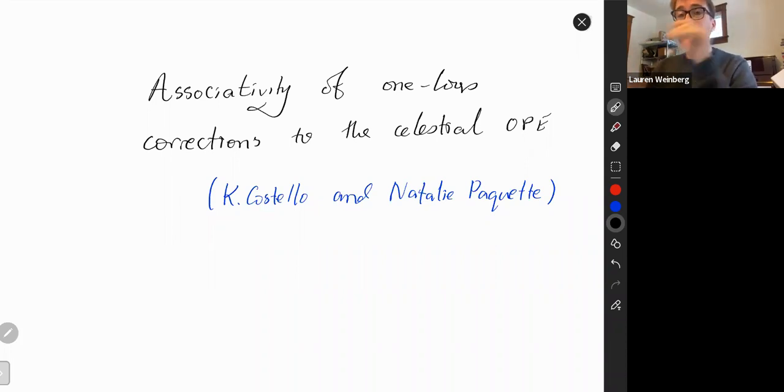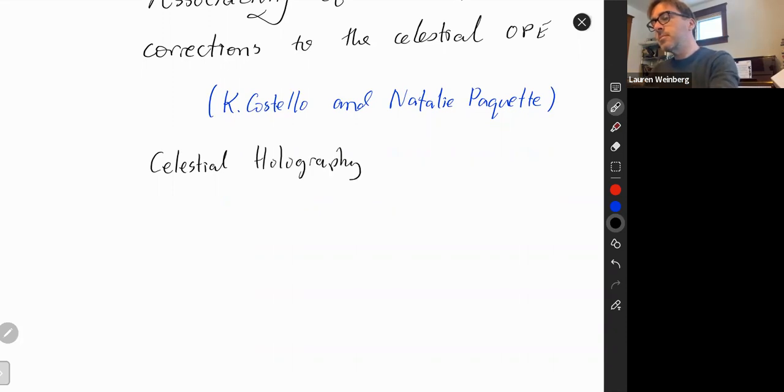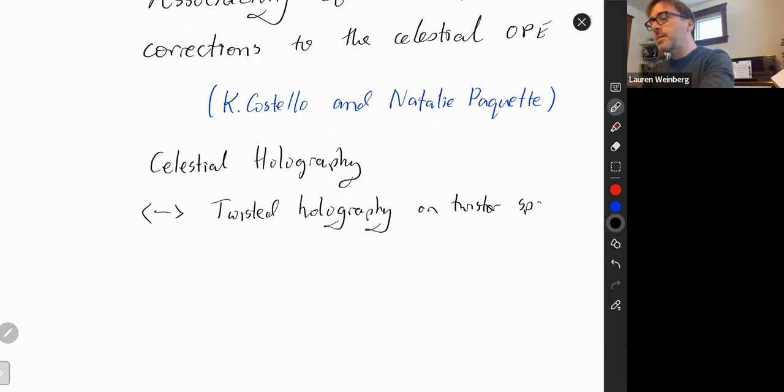The goal of our project is to relate the celestial holography program developed by Strominger and friends to twisted holography on twistor space. So this is the long-term goal.